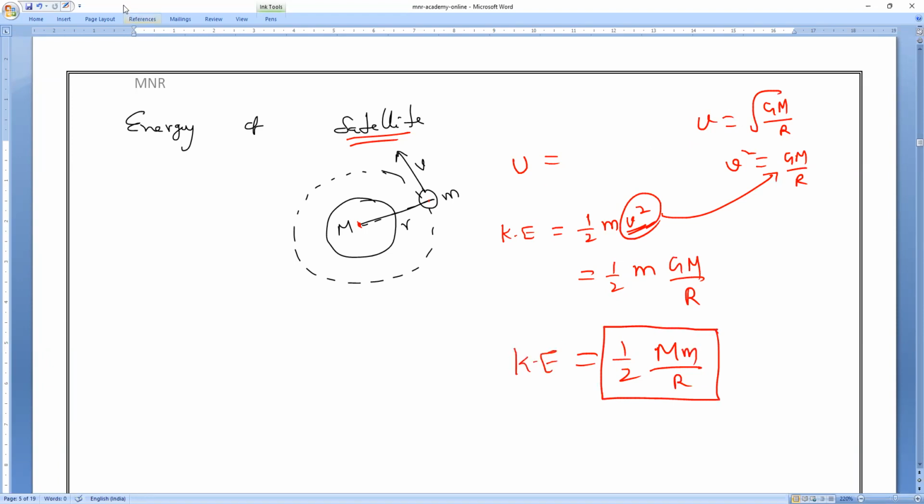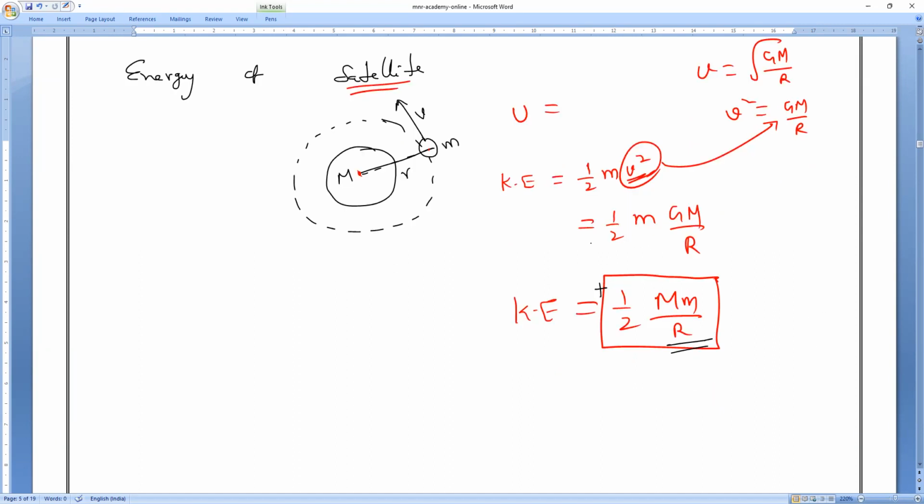The kinetic energy possessed by a satellite is always positive, and its value is half G M m divided by r. Sorry, here G is missing, so G into M into m divided by r. Now, what is the potential energy? Two objects. We already studied that.